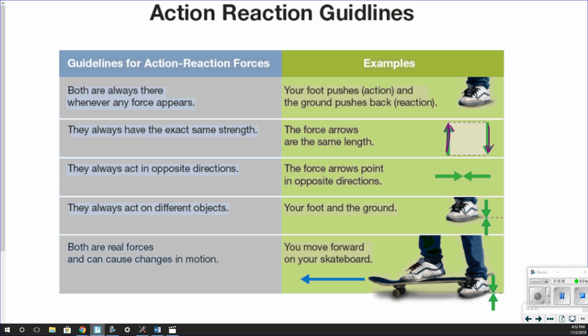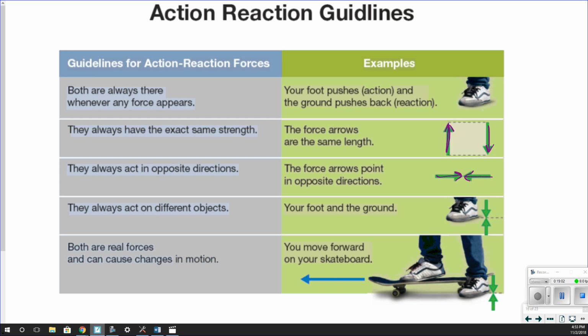They always act in opposite directions, so make sure when you draw your arrows for an action-reaction, you have one going in either direction. If you don't, you know that something's wrong. They always act on different objects. So my foot and the ground, I have one acting down from my foot to the ground and one acting up from the ground to my foot.